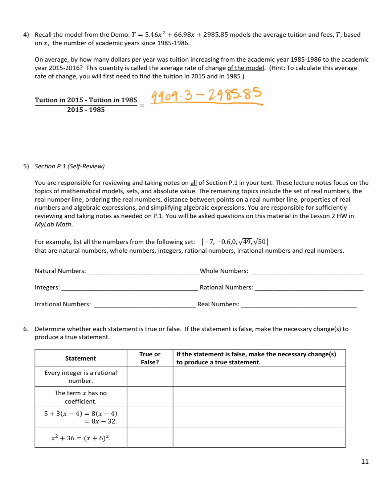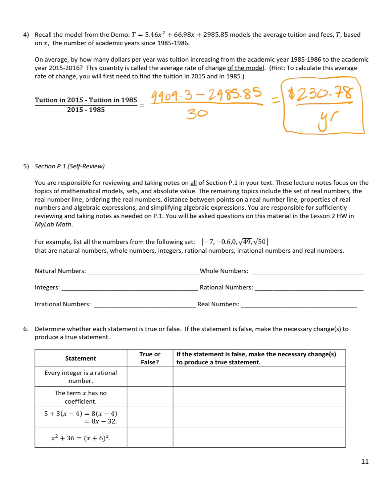And then I'm going to divide that over the course of 30 years, and we'll see how much per year. 9909.3 minus 2985.85 divided by 30, and you get $230.78 per year. That's about the average increase in price each year.